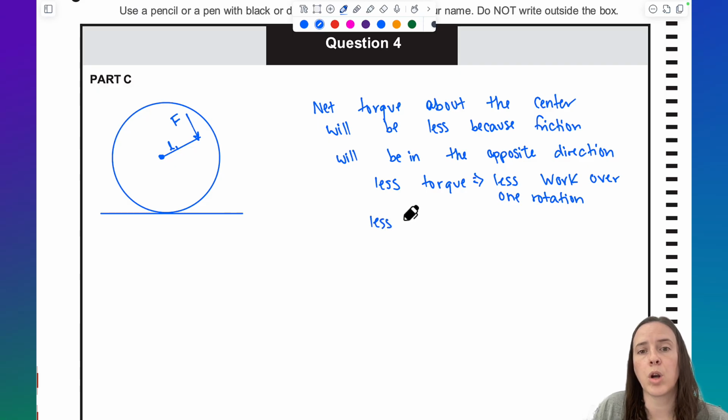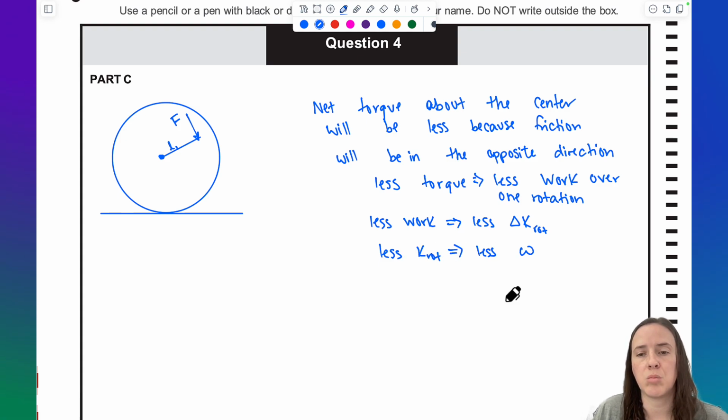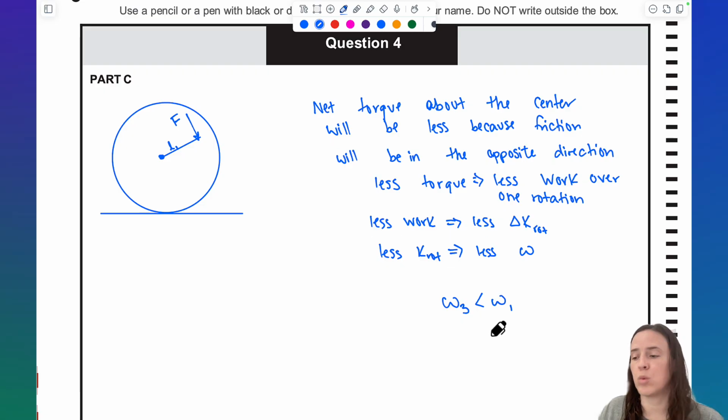Less work means less change in rotational kinetic energy. Less K rot means less angular speed. So omega 3 is going to be less than omega 1. Okay, so that's how we can talk about it in terms of work.